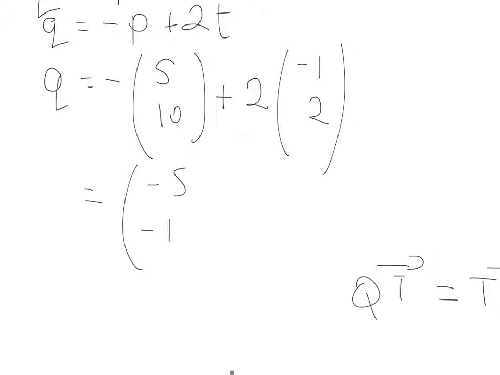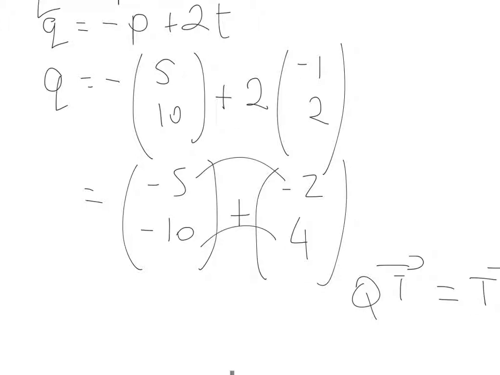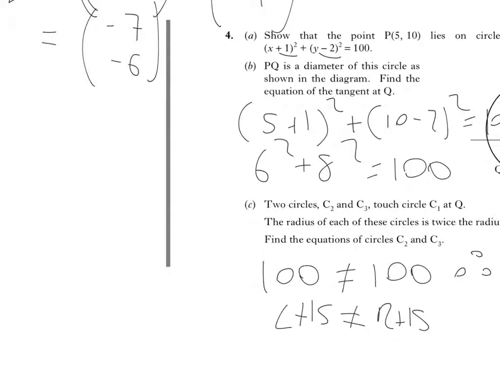So that's (−5, −10) plus 2 lots of −1 is −2, 2 lots of 2 is 4. −5 plus −2 is −7, −10 plus 4 is −6. So (−7, −6), I can change that back into a point here.